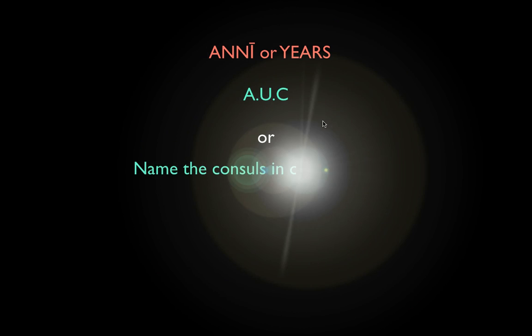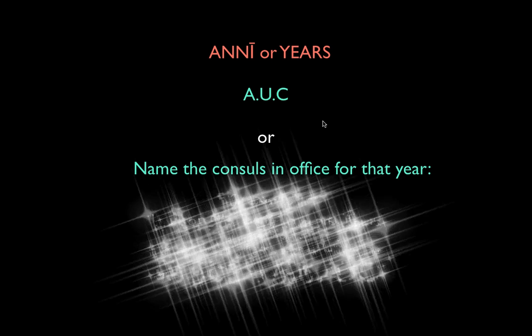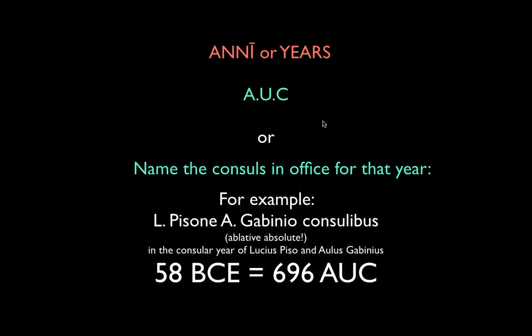So, how did they keep track of the years? Two major different ways: AUC, or the consuls of that year. So you could have this: in the consular year of Lucius Piso and Aulus Gabinius. Notice ablative nouns, another ablative noun, and that is absolutely an ablative absolute.